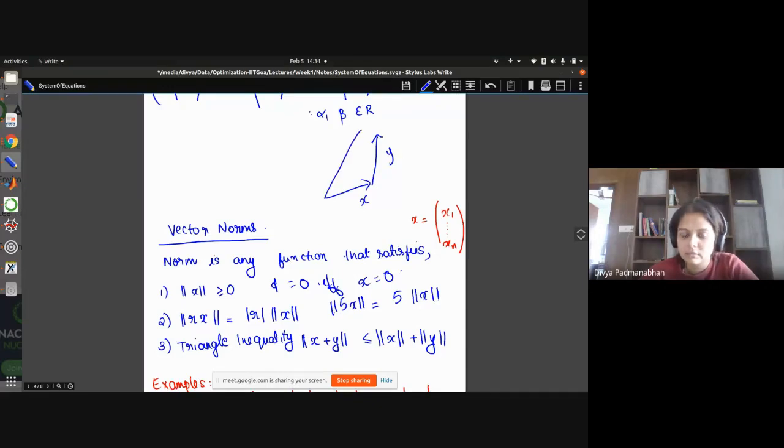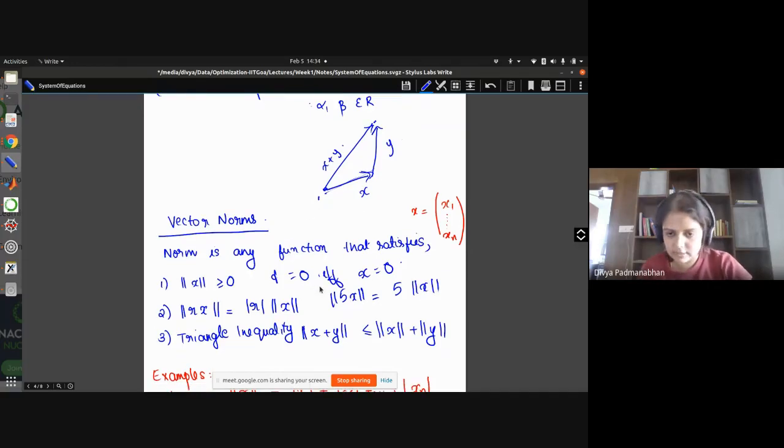My drawing is very pathetic. So this is the vector x plus y. If you go this way, the shortest way from this point to here, that would give you this vector x plus y, and that is less than going along this route and taking this other route. So that's what the triangle inequality intuitively tells you.